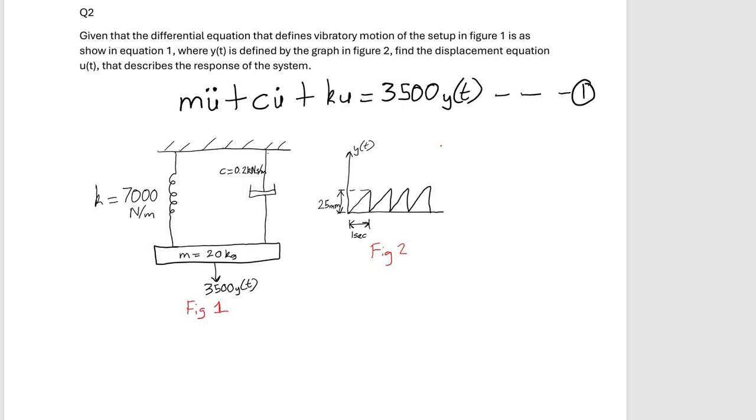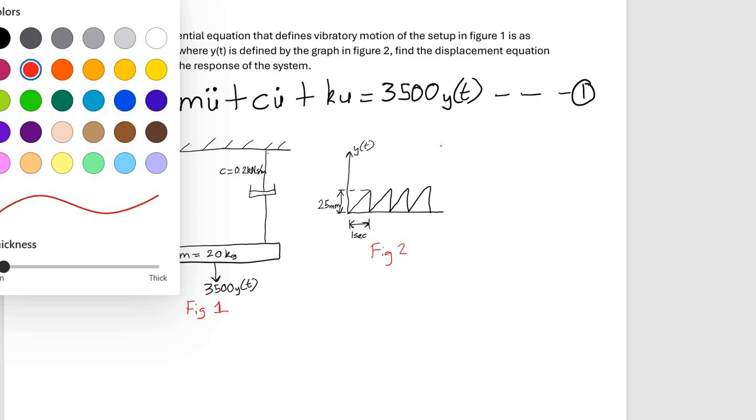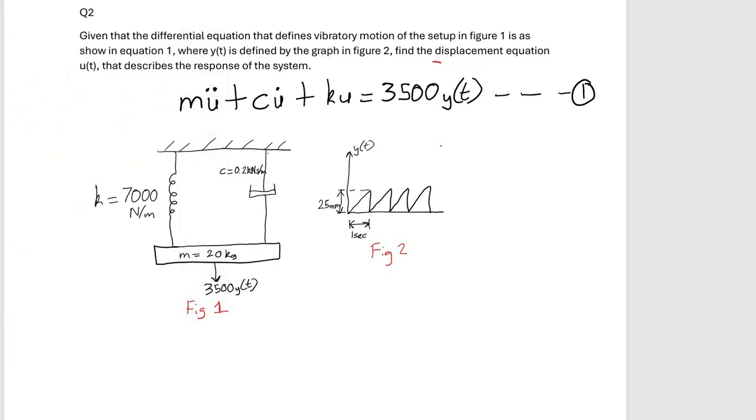As can be seen in this picture, this is denoting our forcing function. What we can see is that it is actually being described by 3,500 multiplied by this particular function y(t). Let us look in more detail at what y(t) is.